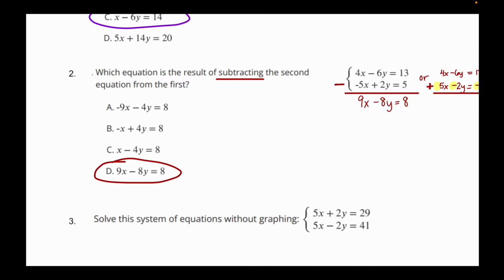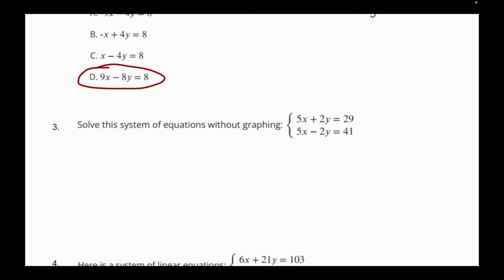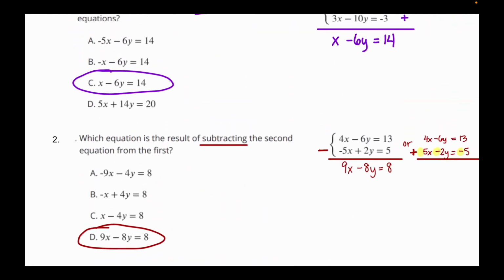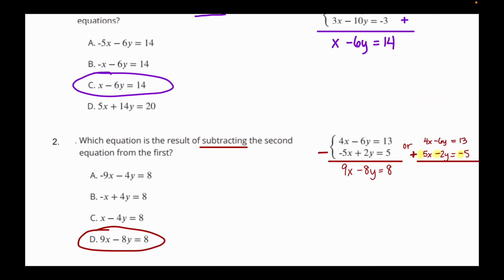Okay, now question 3 says, solve this system of equations without graphing. So that means I have two options. I can either go for solving this using elimination, which is the process we kind of started learning about today, or I can try to do this with substitution.